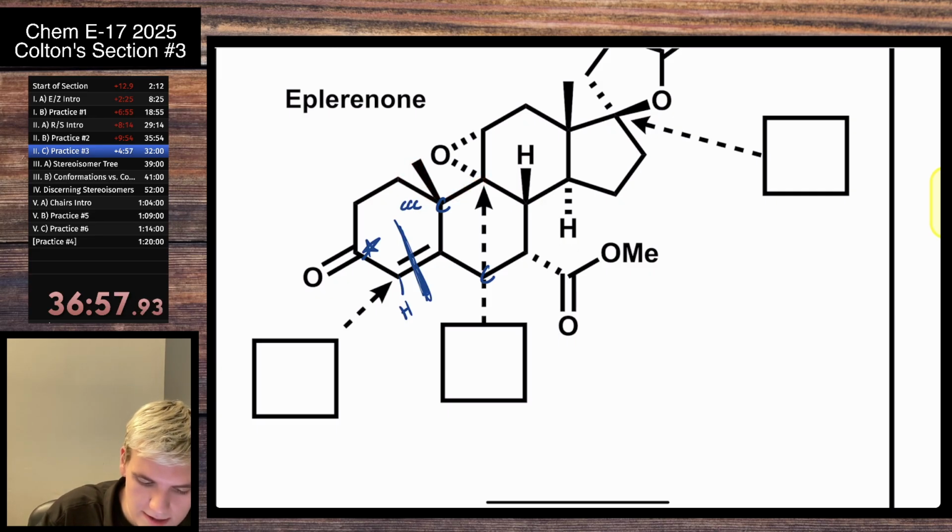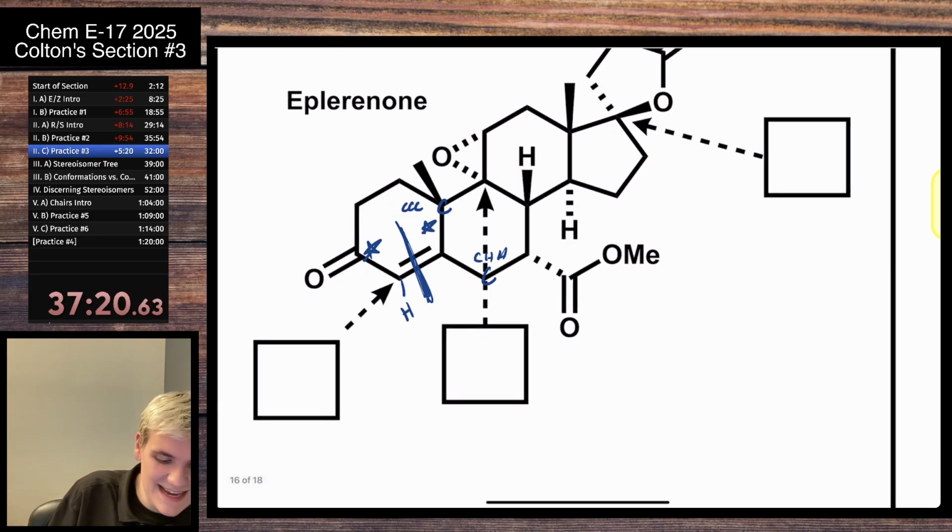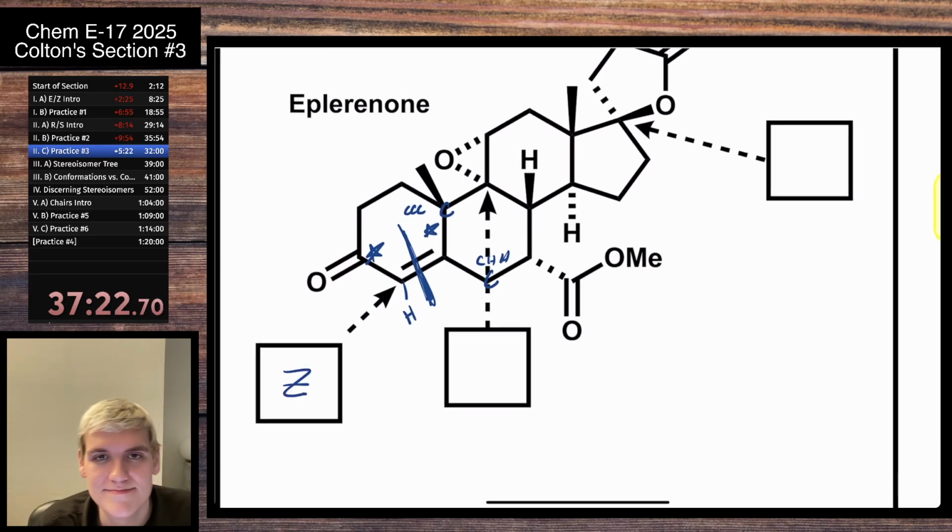But the bottom one over here is connected to a carbon and 2 hydrogens. So that's going to be CHH. So the top one wins here. CCC beats out CHH. So now we see both of these highest priorities are on the top. They're on the same side, Z. So this is a Z alkene. Not too bad.